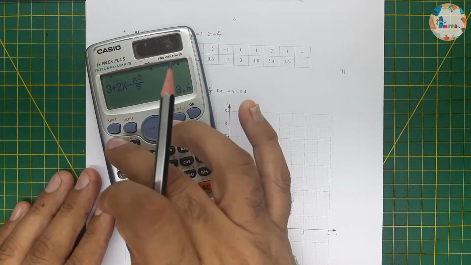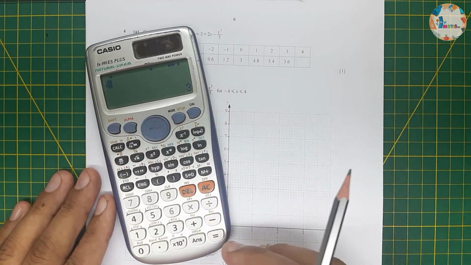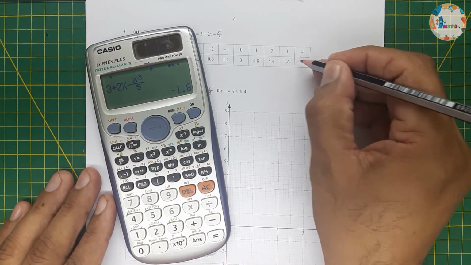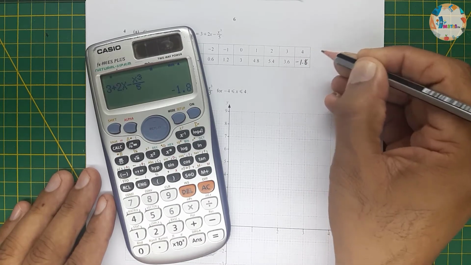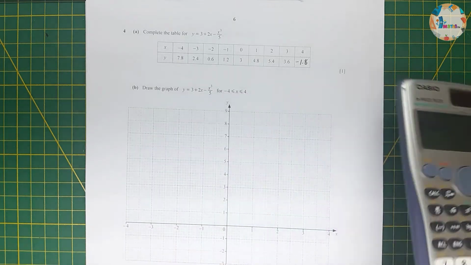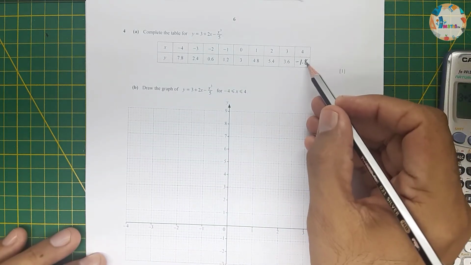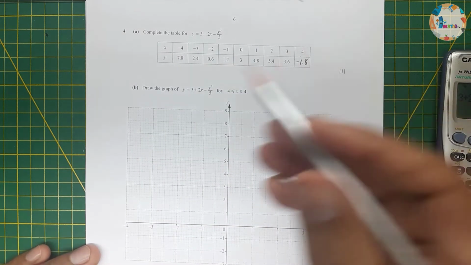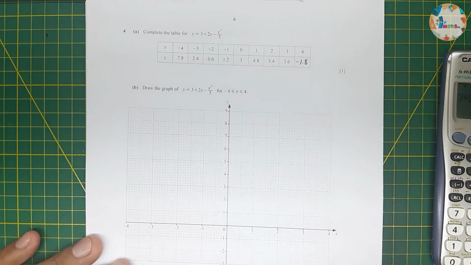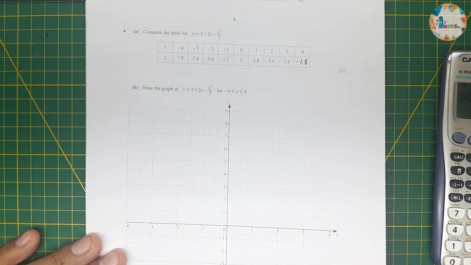Now we'll calculate for 4, and this is equal to minus 1.8. So minus 1.8 will be our answer to this part. Then draw the graph of this one, and we have to indicate these points.